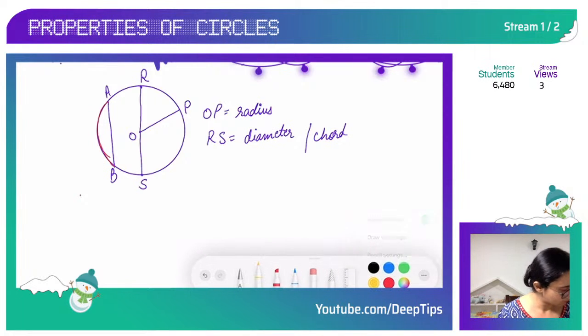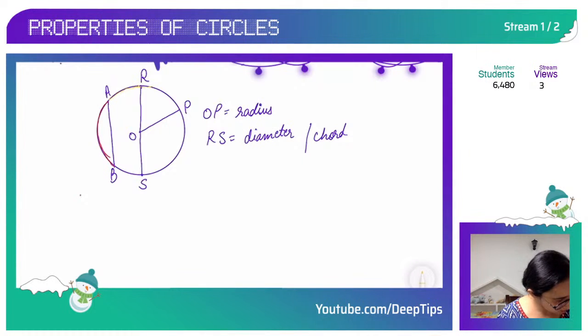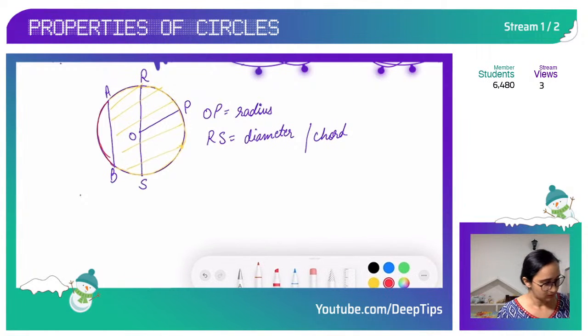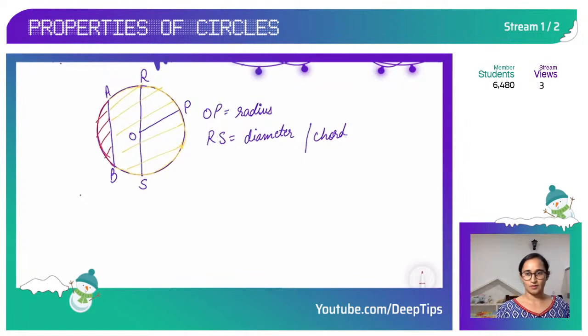And if I cover this entire part from here to here, this is the major segment. And this is the minor segment. So this is something very important. We use segment in different ways, so we will learn about it, but for now it's important to understand what a segment is. A segment is the area bound by a chord and the arc of the circle.